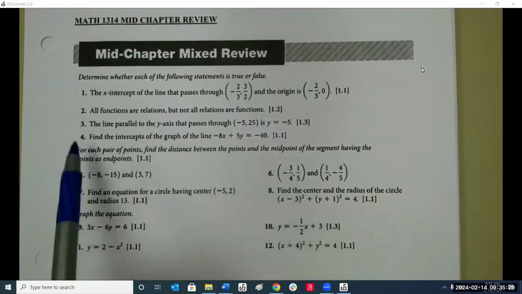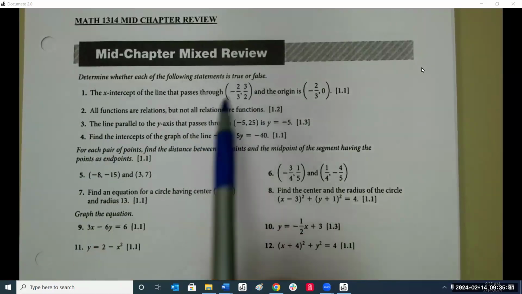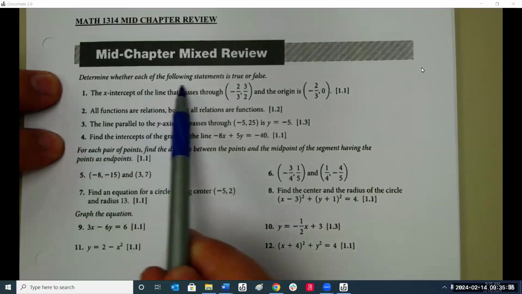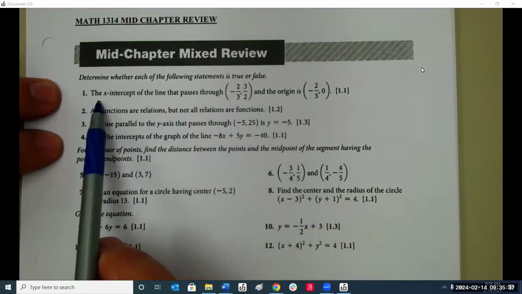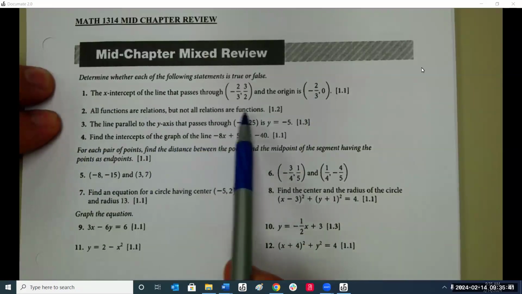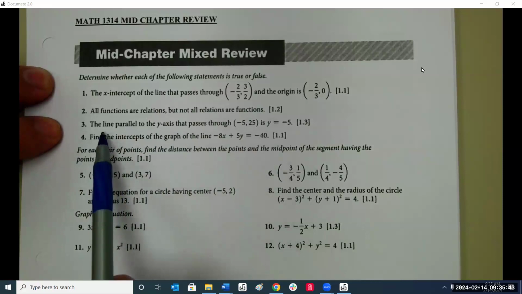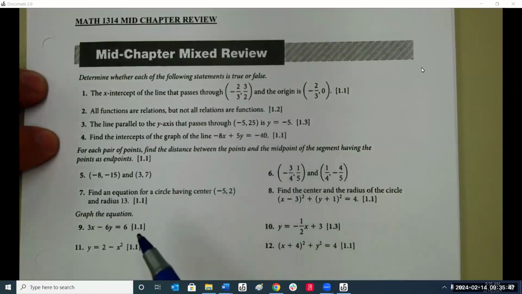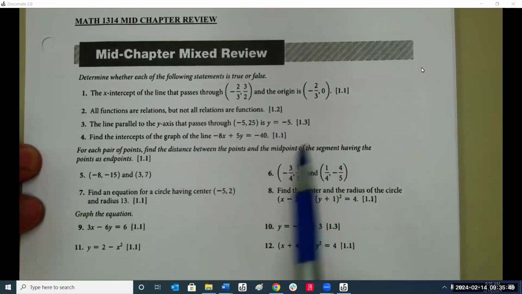The first four are determine whether they're true or false. Sasha says, determine whether each of the following are true or false. The x-intercept of the line passes through this. All functions are relations, but not all relations are functions. A line parallel to the y-axis passes through the point this. That's the equation. And the last one.